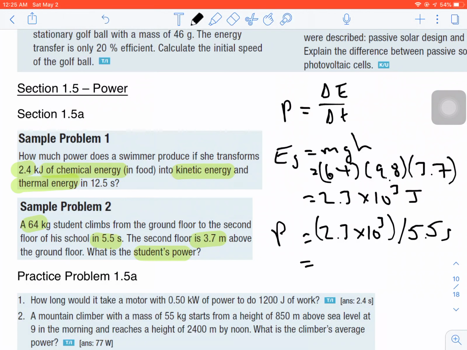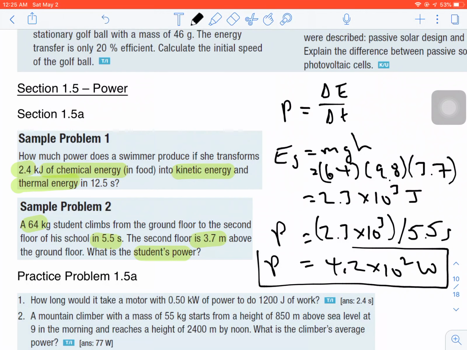The smaller the denominator, the greater my power rating. So I'm going to take my 2300 joules divided by 5.5 seconds, and I'm getting 418 watts, or 4.2 times 10 to the second watts.